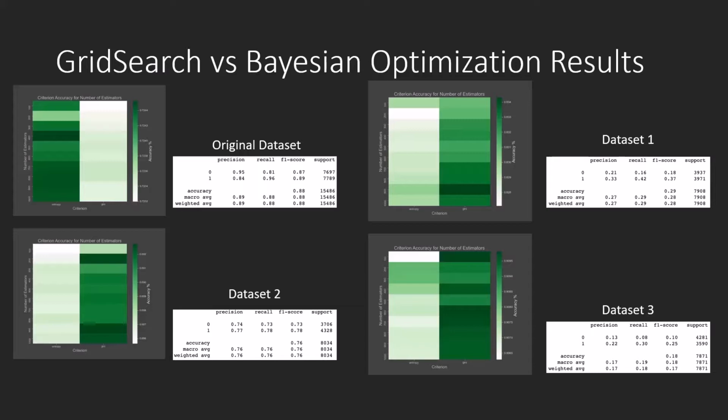To conclude the research that we did, Gini and using Bayesian optimization is better for our injected data sets, and entropy with the grid search was better for the original data set.